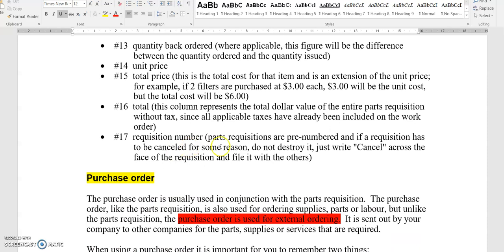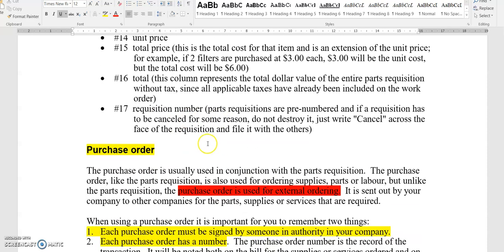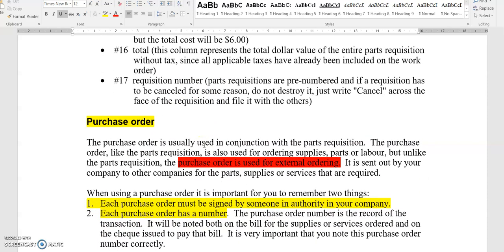Purchase order form is slightly different from work order in that purchase order is applicable, for example, for a contractor that will come to your place of work.